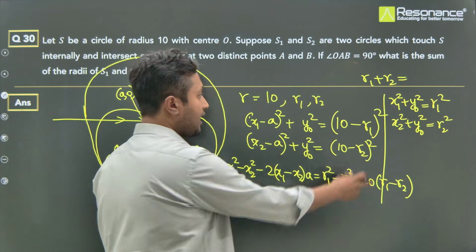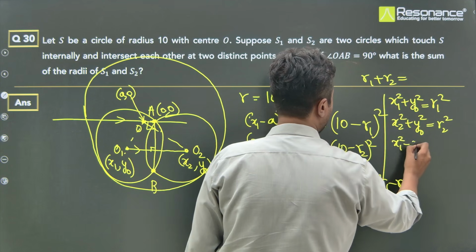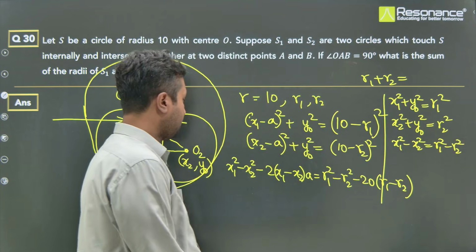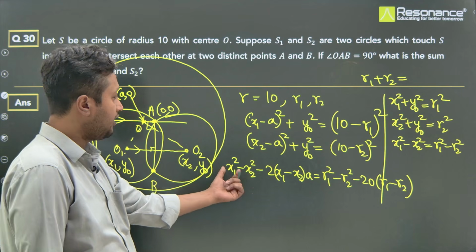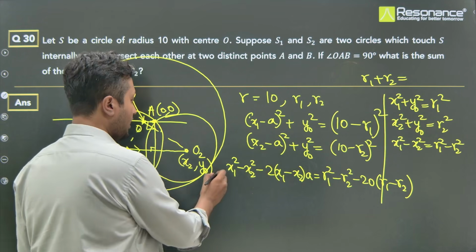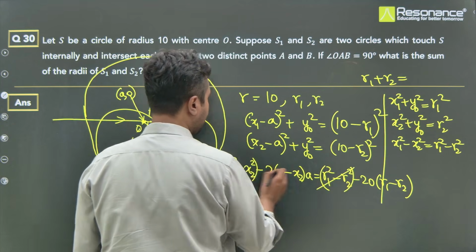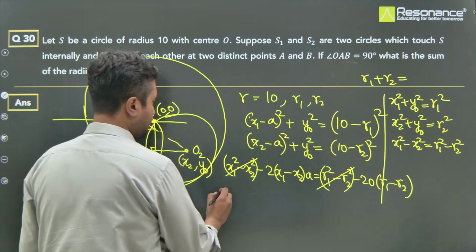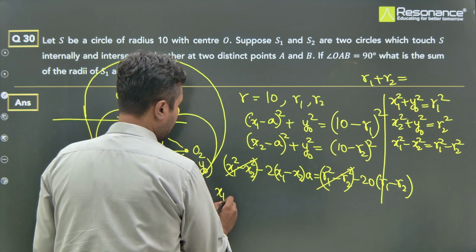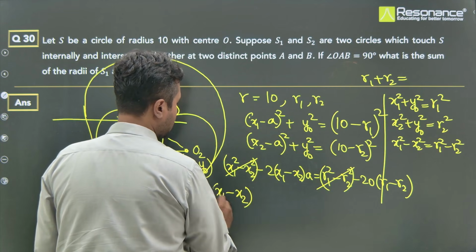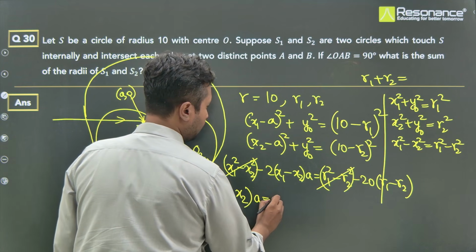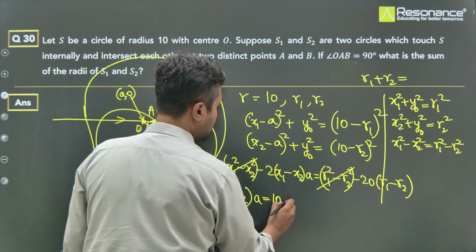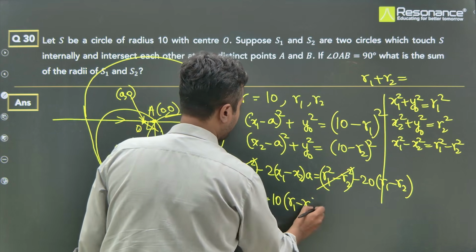And similarly, if you subtract these two, you get x1 square minus x2 square is equal to r1 square minus r2 square. You can plug that in over here, so these two things are exactly the same thanks to that equation, and they cancel out. So what's left is x1 minus x2 times a is equal to 10 times r1 minus r2, right?